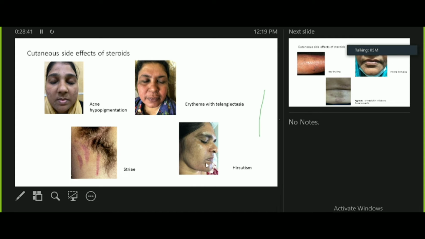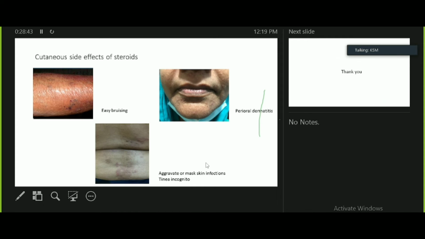Hirsutism again is not uncommon. Easy bruising we commonly see in elderly skin. With prolonged use of steroid, they get easy bruising. And when you use high potent steroids on thin skin, this is what happens. Periorificial dermatitis: patients get multiple papules around the mouth and other orifices as well. So this is perioral dermatitis.